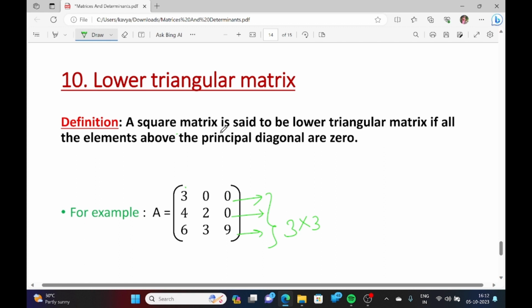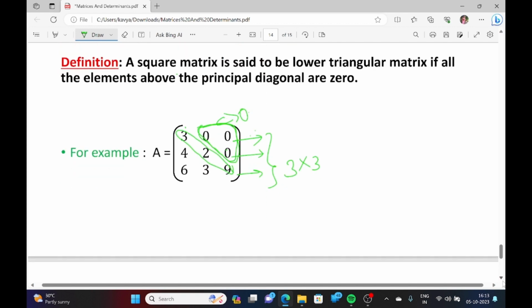And if we call it a lower triangular matrix, all the elements above the principal diagonal should be equal to 0. This is the principal diagonal. Above this, the elements should be equal to 0. That is called a lower triangular matrix. Have you all got it?